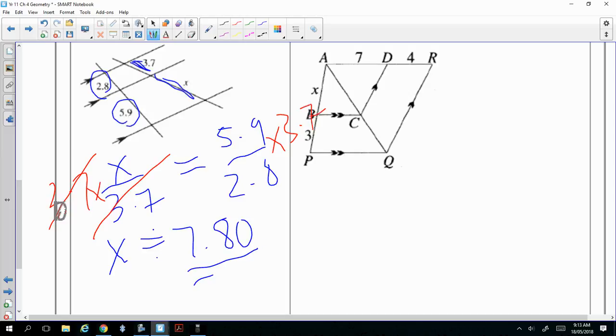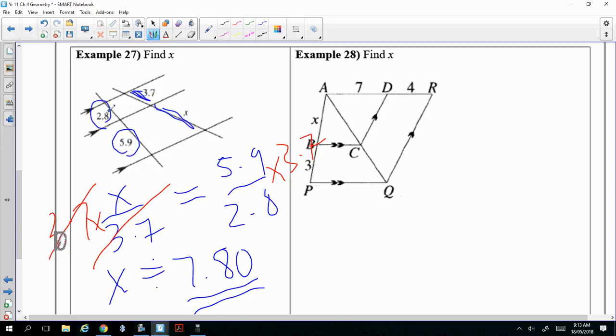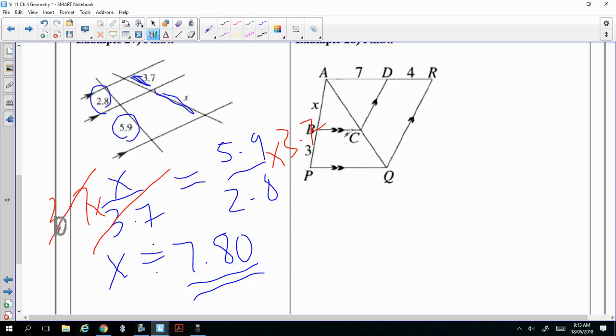Okay, write it down. So ratio of intercepts, x over 3.7 equals that. Now that looks a bit like similar triangles, except these are ratios of intercepts, not the ratio of sides of the triangle. So be careful. What reason do we give? We have to give a reason.